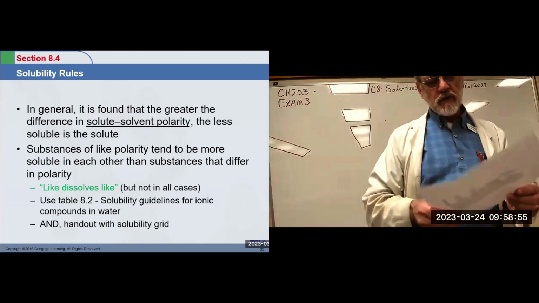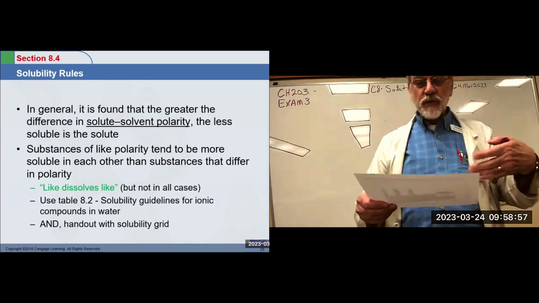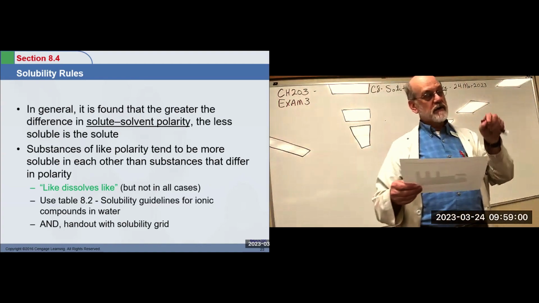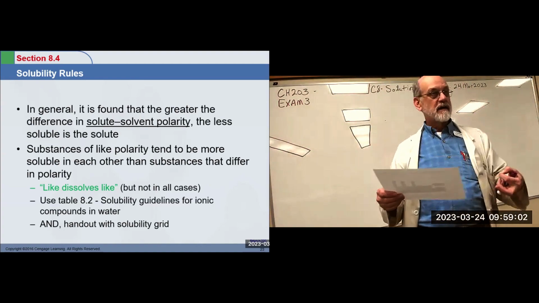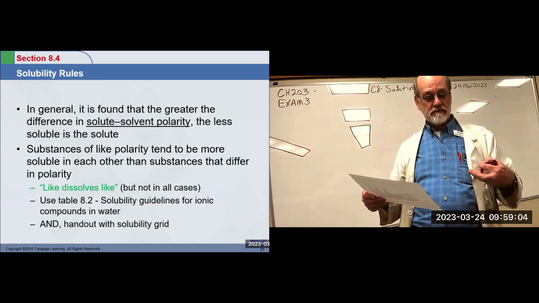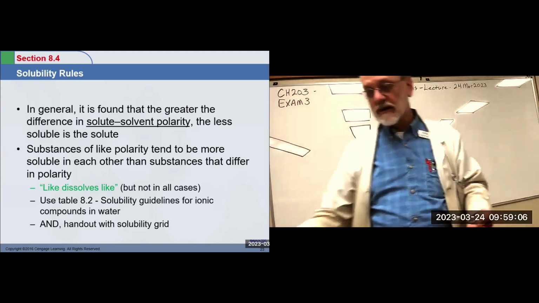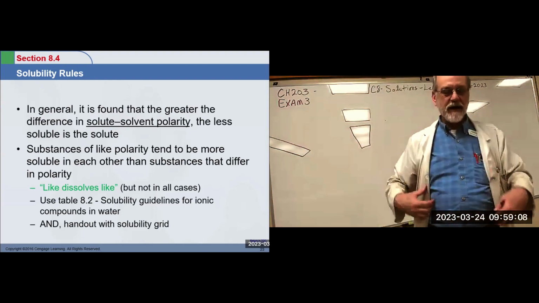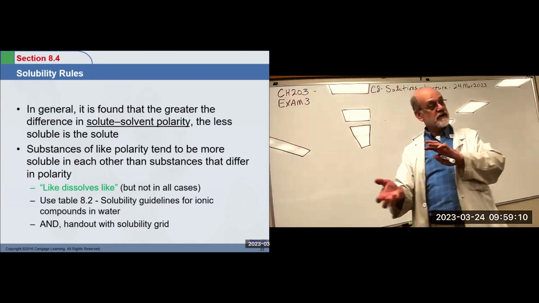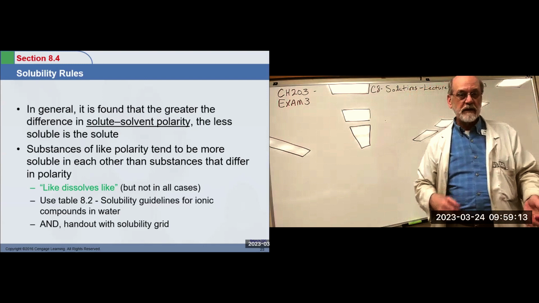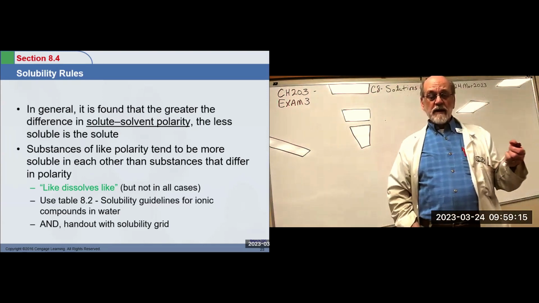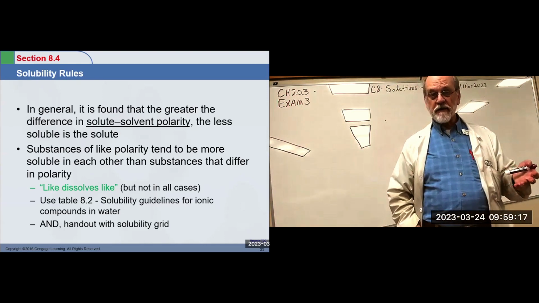This allows you to predict the solubility of a cation with an anion if you're going to conduct a reaction involving those two ions, then you can see if the product is soluble or not soluble. But there are some general rules that we can follow.